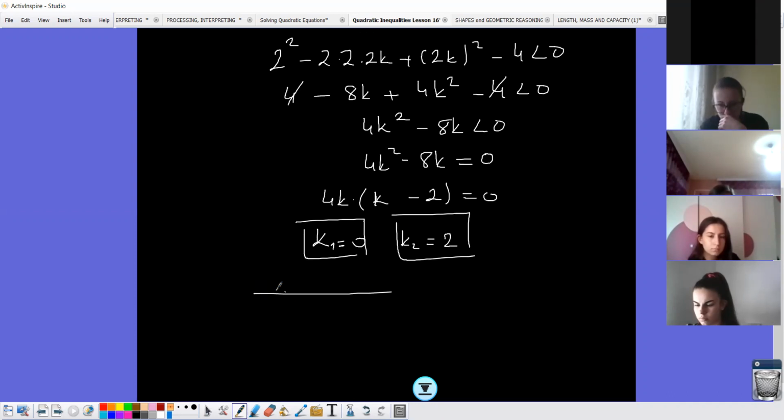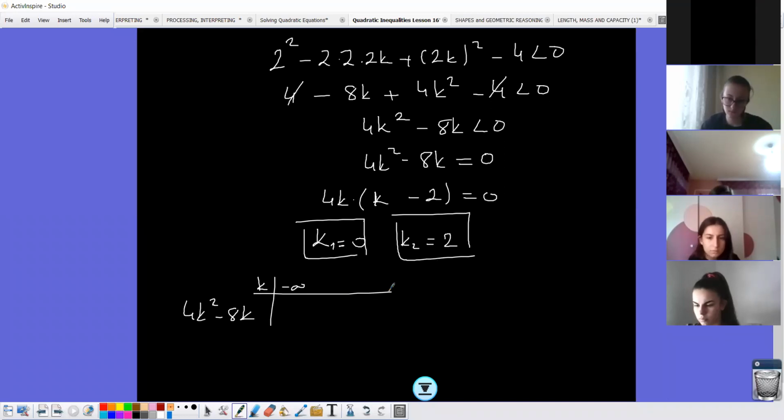Now I need to draw the sign chart. I will draw the sign chart, Elsa. We will write the equation. Here I'm writing the equation, 4k squared minus 8k. And here I need to write the roots that we found, 0 and 2.